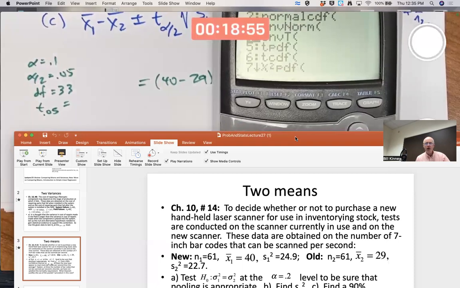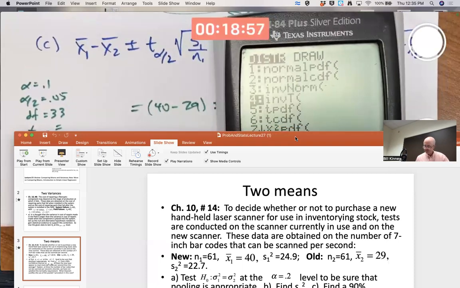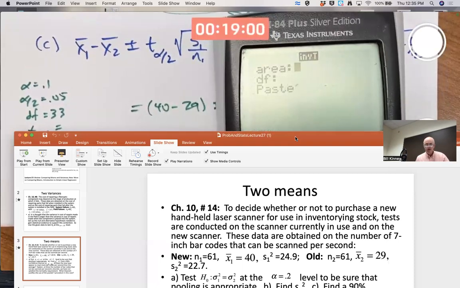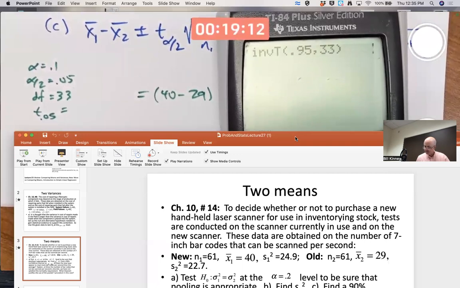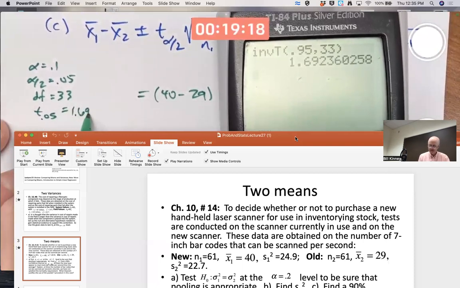Inv T will do it for us. Subscript is an area to the right. This is a CDF, so I need a 0.95. 33 degrees of freedom should be a bit bigger than 1.645. 1.692. Okay.